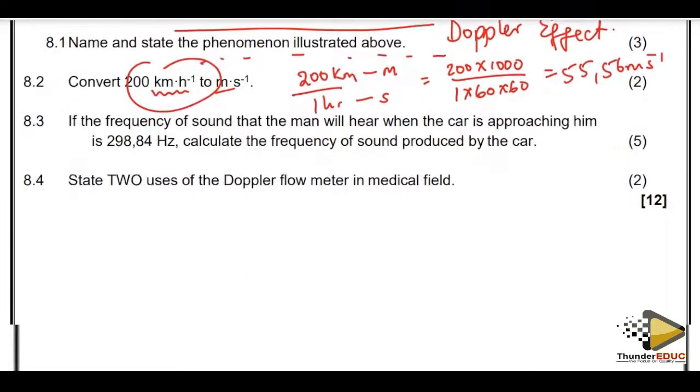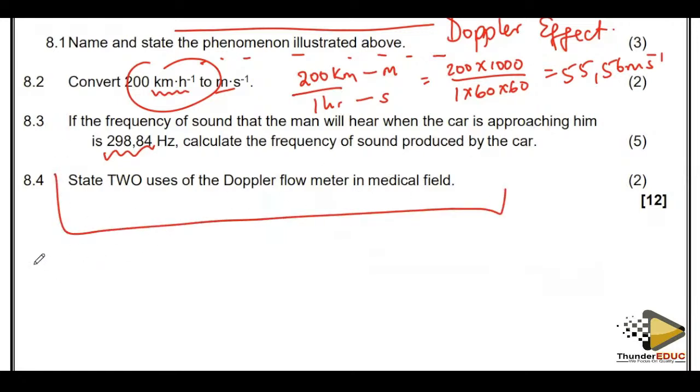And then they're telling us that the frequency of sound that the man will hear when the car is approaching him is this much; calculate the frequency of the sound. I'll reserve this for class. So we are saying fL is (v plus minus vL) over (v plus minus vS) times fS.